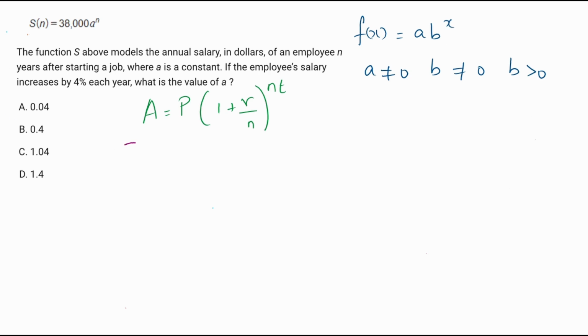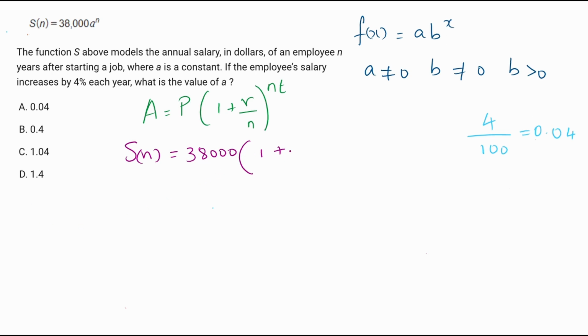So let's write s of n, which is equal to the principal amount, that is 38,000, times 1 plus, now I'll have to convert the increase, which is in percentage, into decimal form. So I have 4 divided by 100, which is equal to 0.04.